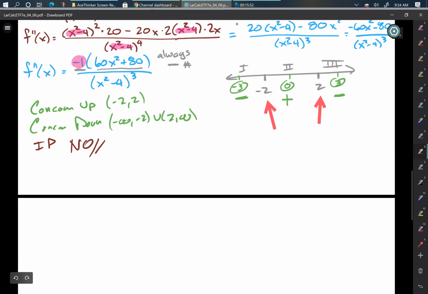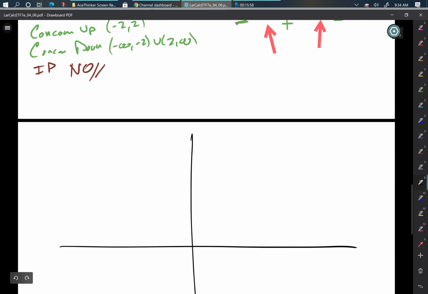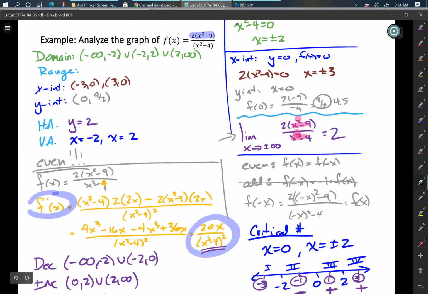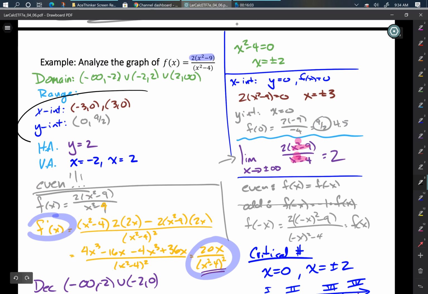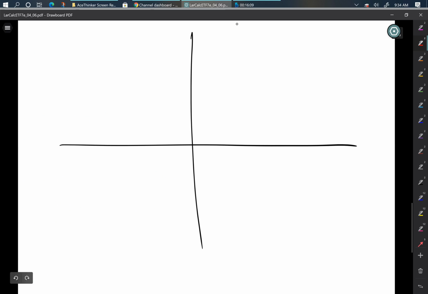So now we should be able to put this all together and make a graph of this thing. Okay, first things first. Let's put the known points on this graph. Known points are our intercepts. Okay? We have intercepts at negative 3 and positive 3 on the x-axis, and at 4.5, 9 halves, on the y-axis.